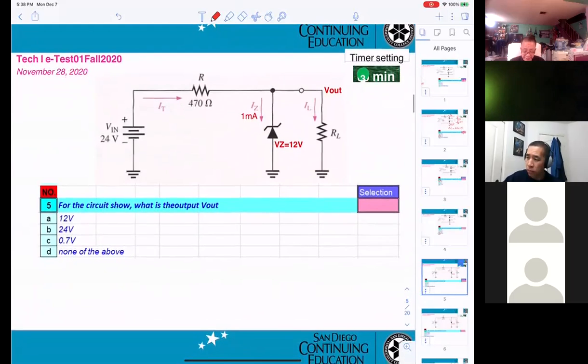Number 5. I got 12 volts. A. Right, number A. If you are confused or you want to ask a question, go ahead, okay? We try to make it clear for everyone.